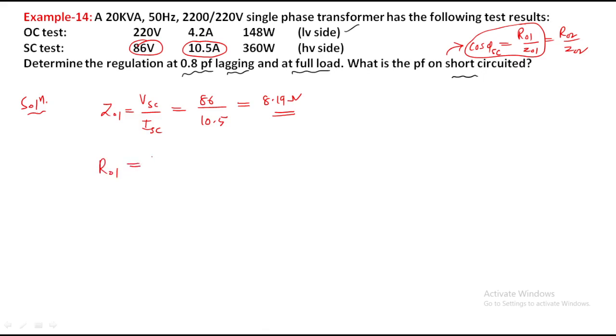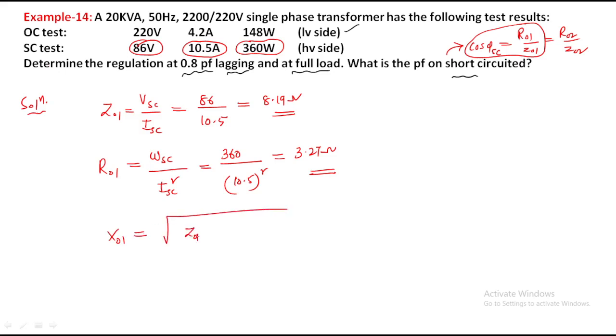We all know that the wattmeter reading divided by short circuit current squared gives R01. Under short circuit condition, WSC is 360 watts by ISC, which is 10.5 whole squared, which equals 3.27 ohms. Before the power factor, first we have to calculate the regulation at 0.8 power factor. For that we need X01, which is the square root of Z01 squared minus R01 squared.